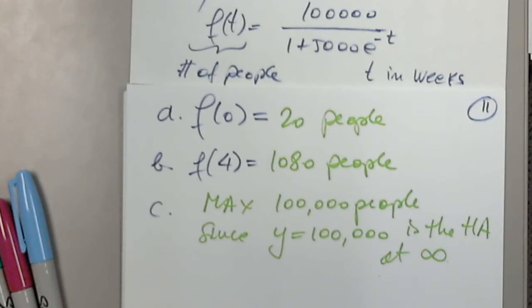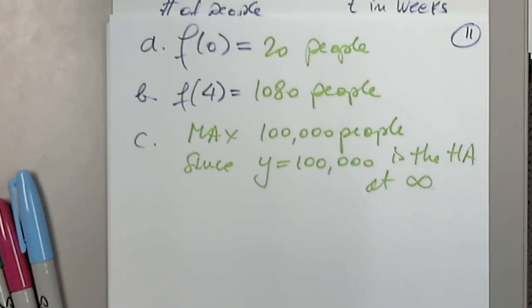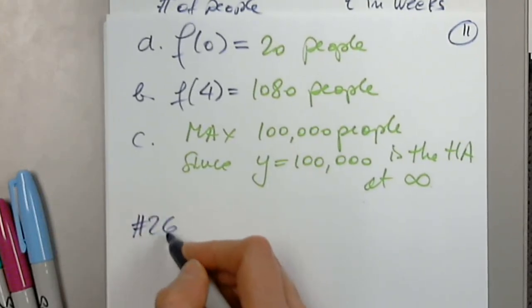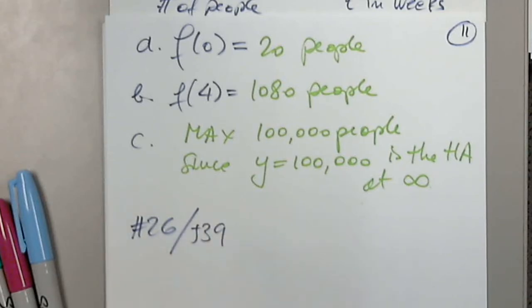I would like to look at a problem with exponential growth now. I'm looking for a problem on page 539. I would like to look at problem 26 on 539.